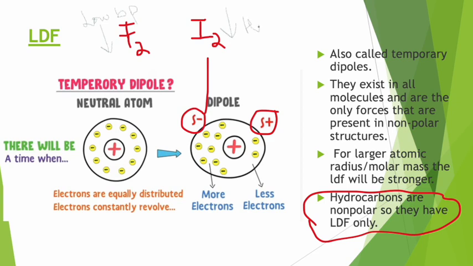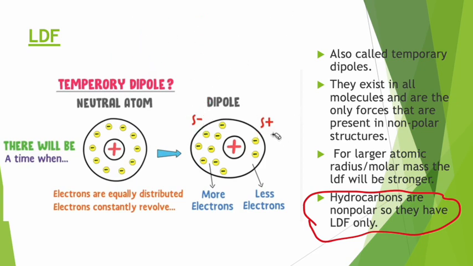And then if I talk about a diatomic molecule of fluorine versus a diatomic molecule of iodine, if you look at the periodic table, you would know that iodine is way bigger than fluorine. The boiling point for fluorine is 85 Kelvin, and iodine is 457.5 Kelvin.